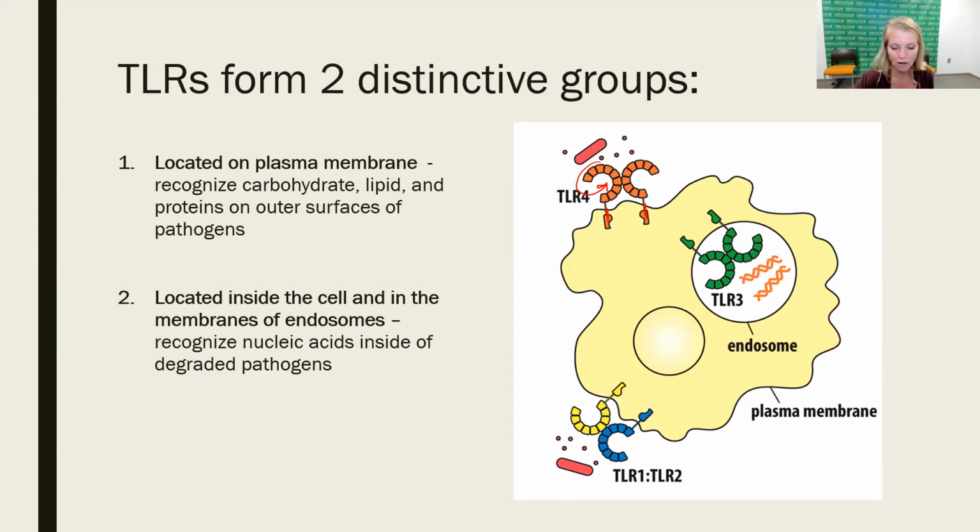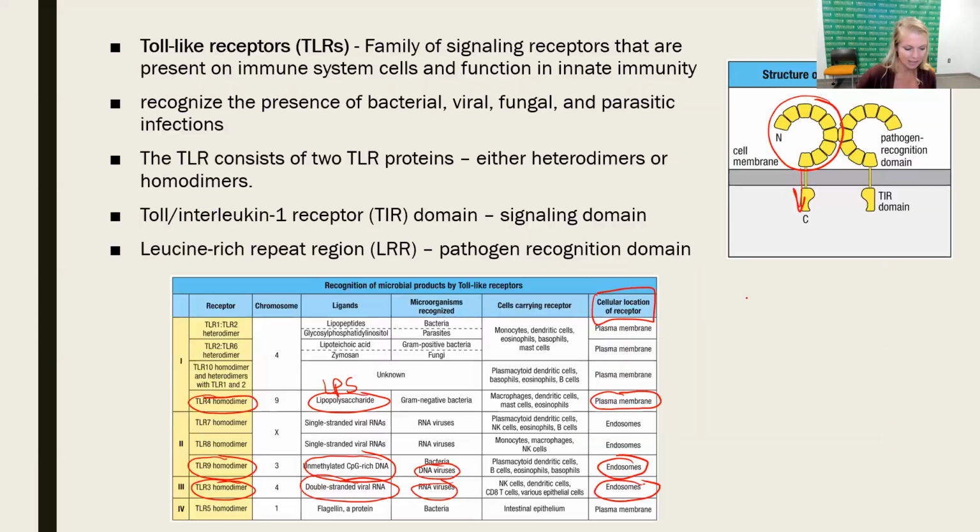Let's go to TLR3, for example. If we go back to TLR3, TLR3 is going to recognize double-stranded viral RNA. It's going to be located in the endosome. And so that's a DNA or an RNA virus.